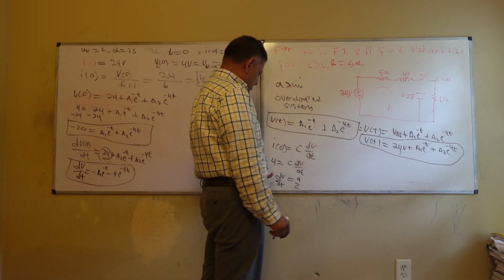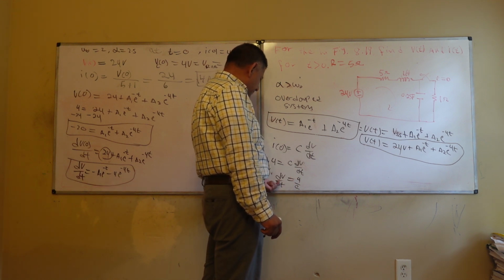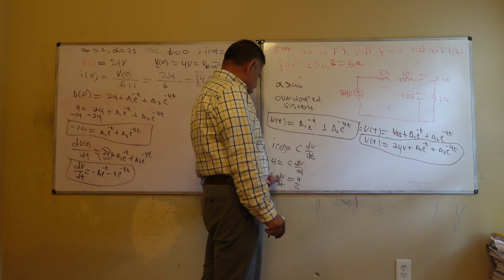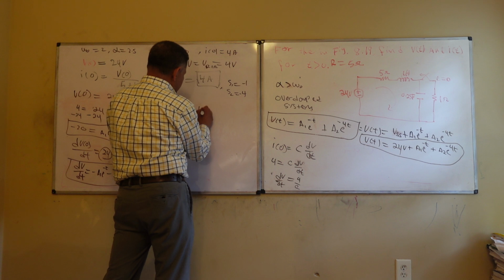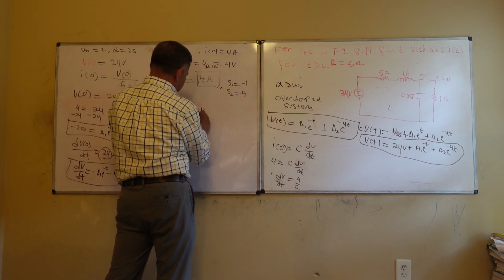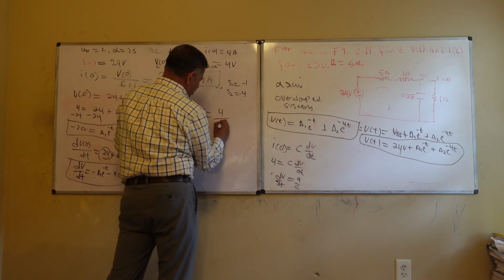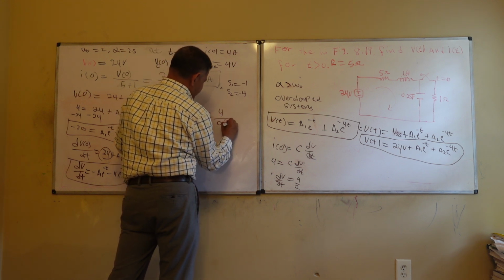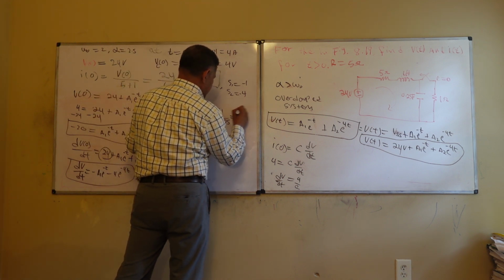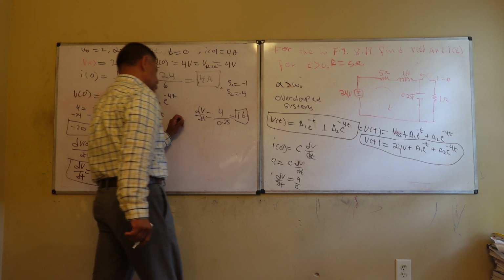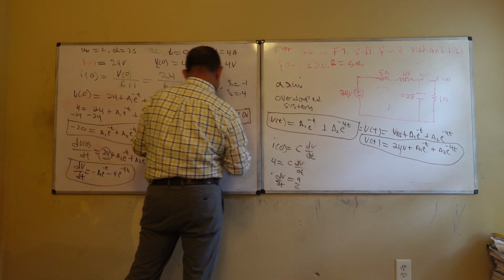It's the same, it's going to be 4 volts at that point. So look at that, dV over dt is 4 over 0.25, and it's equal to 16, so 16 volts.